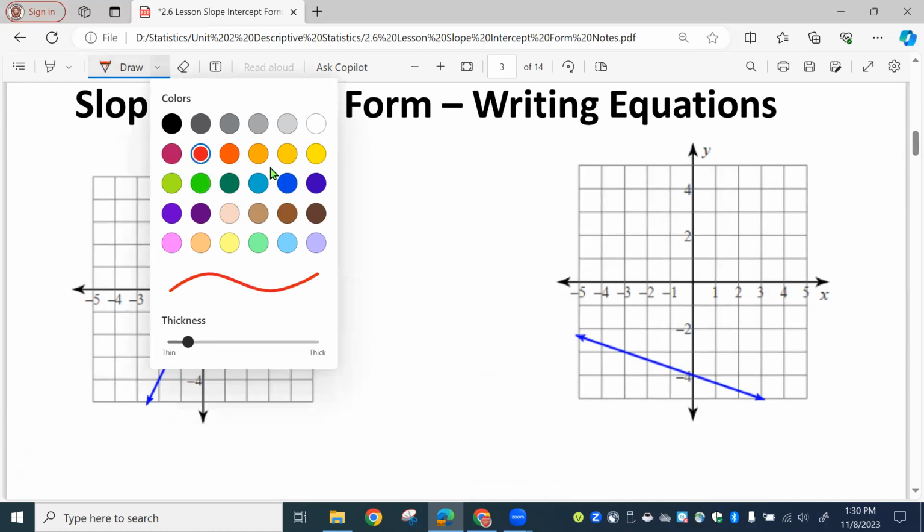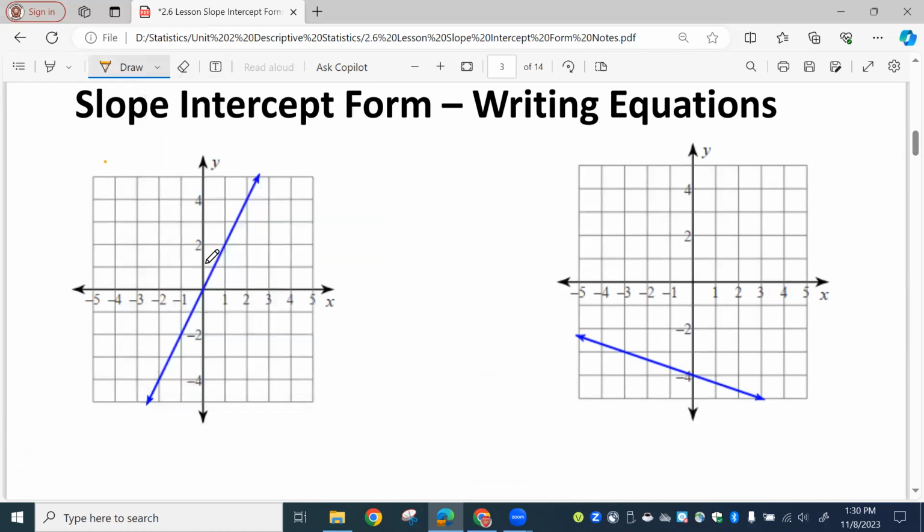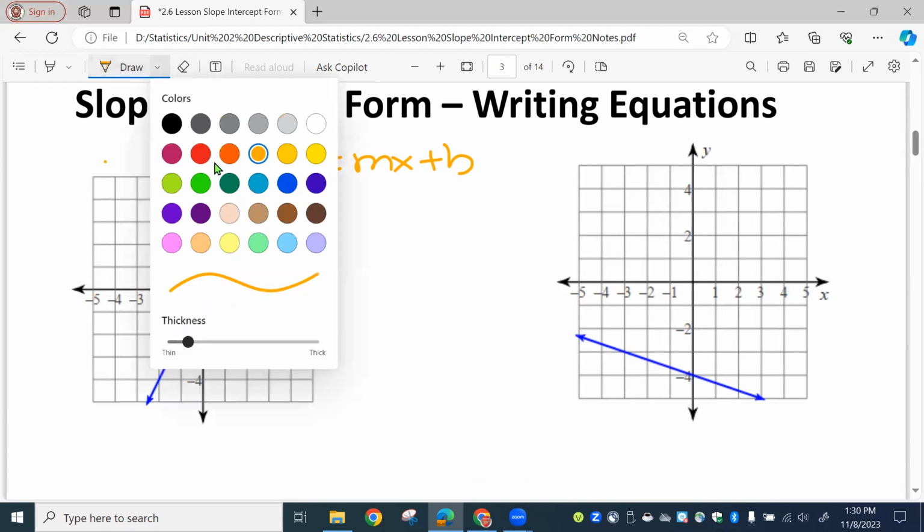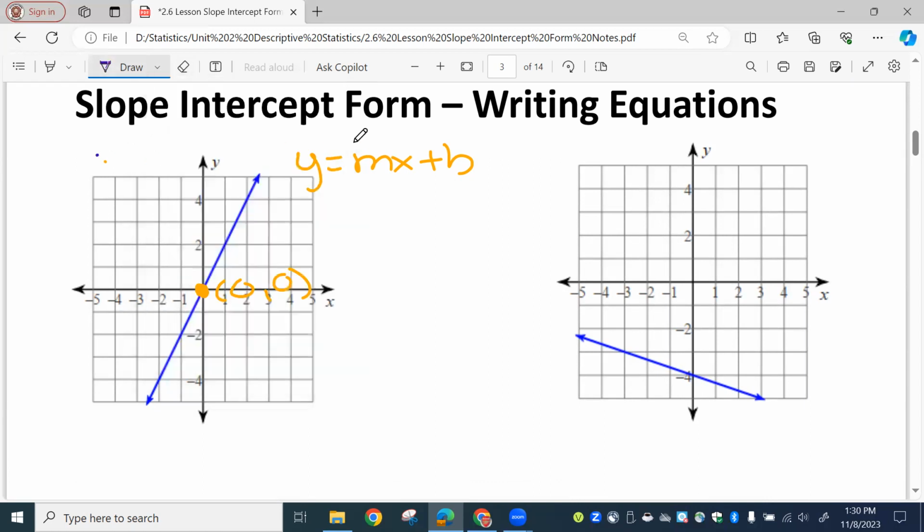Let's do a couple more. I'm always going to start with y equals mx plus b. And then I'm going to go find my intercept here. My intercept is the origin, which is 0, 0. So when I'm starting to write my equation, b is the y value of my y-intercept, which is 0.